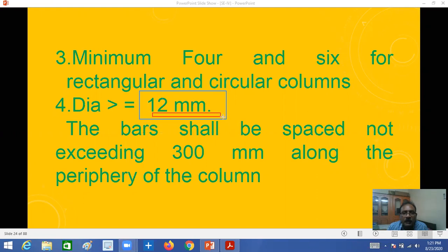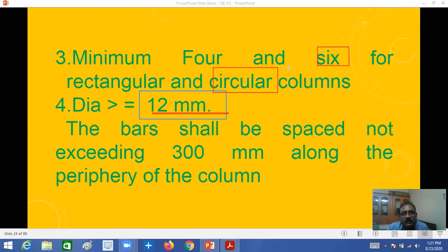You must remember 12 mm bar in the columns, minimum 4 bars in rectangular or square columns, and 6 bars in circular columns. So you should remember both.